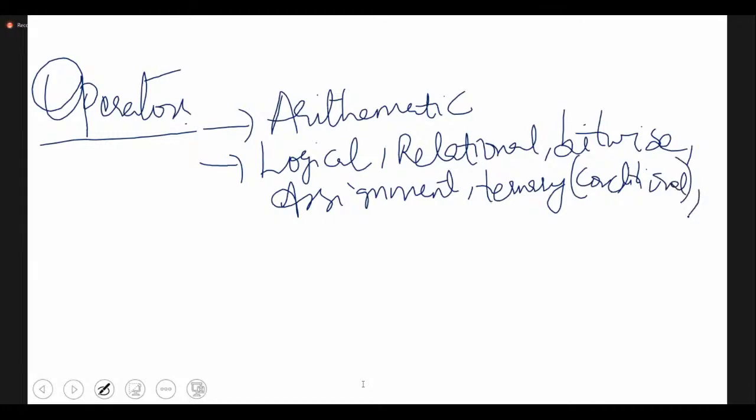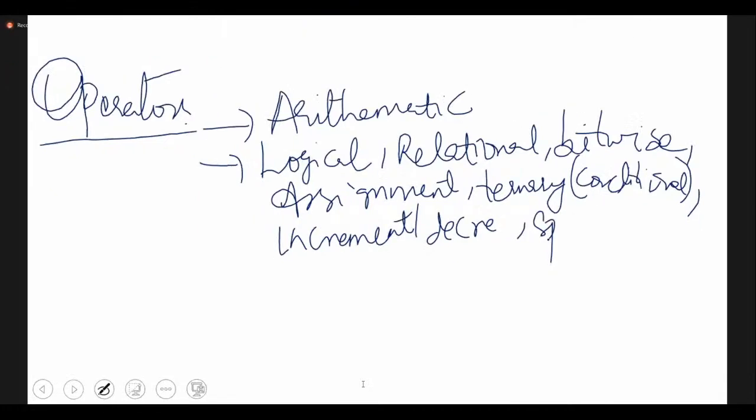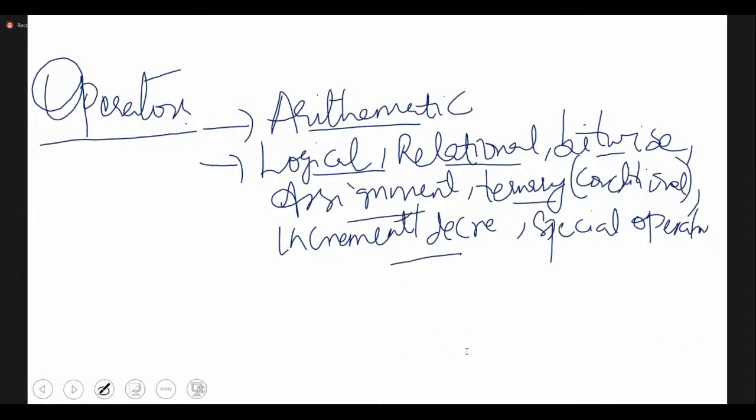We have increment and decrement operators, and the last one is special operators. Special symbols are different, special operators are different. So 1, 2, 3, 4, 5, 6, 7, 8, we have operators in 8 categories. Those are the naming conventions.